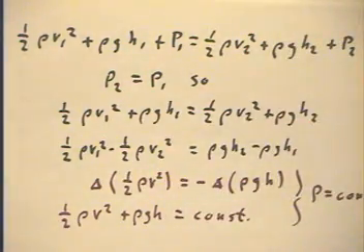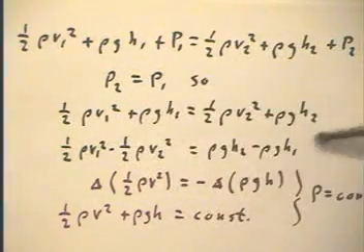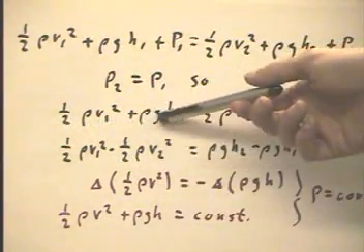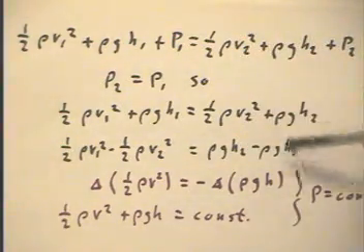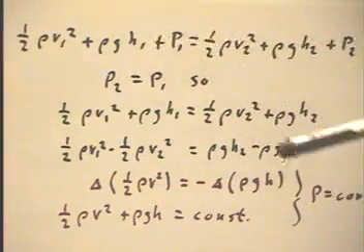Well, actually, we could say that, but that's not where we're leading here. So let's go back. We have this relationship that says the 1/2 rho V squared plus rho GH sum at one point is the same as at the other point, since the pressures are the same.